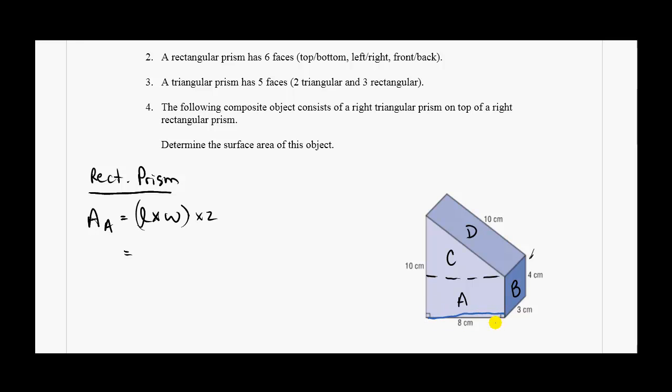Side A is an 8 by 4. So the height is 4. 8 by 4, 32, doubled, 64 square centimeters.